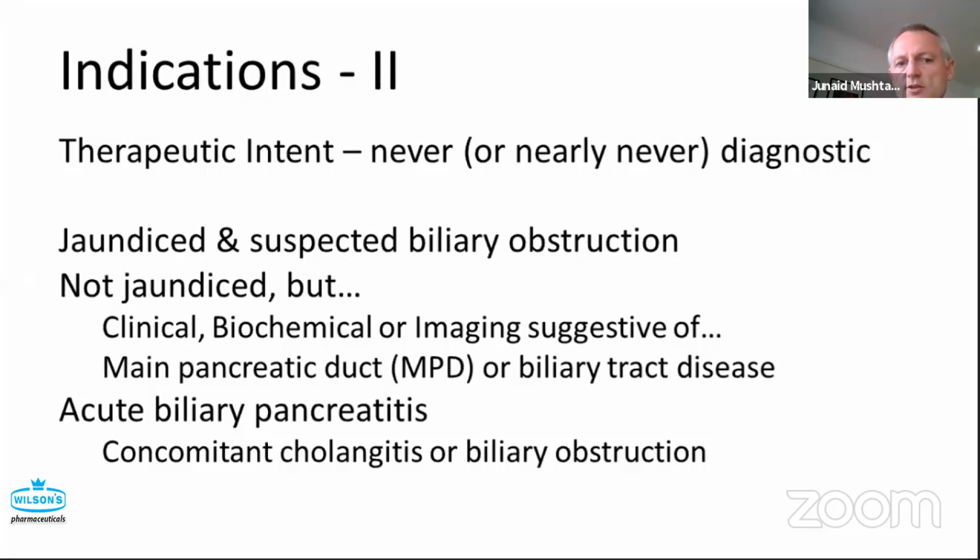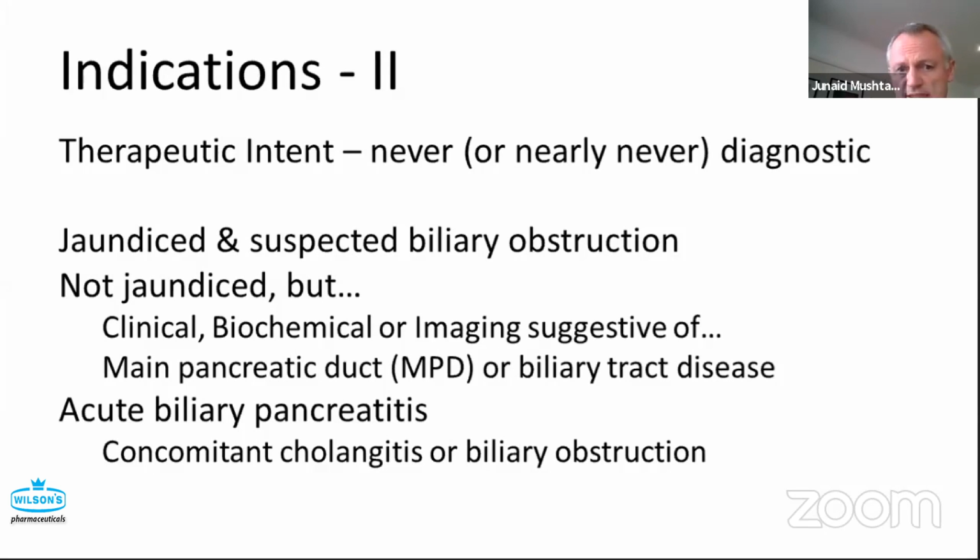So indications too. The first thing to say is ERCP is really about therapy. It has been for well over 2 decades. We should really never, or very nearly never, talk about a diagnostic ERCP. So I'm going to talk a little bit about the list, but these are the most important 2 or 3 indications on this first slide.